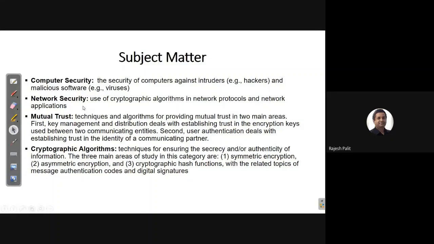So the name of this course is sometimes known as computer network security, or computer and network security, which is more appropriate, because computer security and network security are different things.